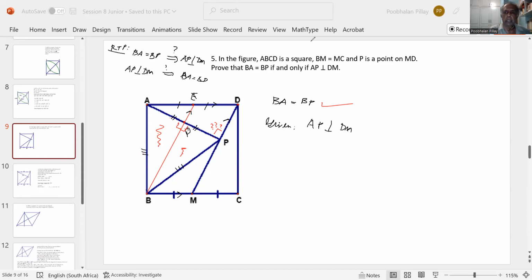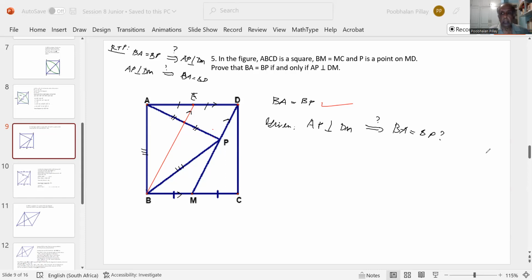So now we are given a different thing altogether. Right. So what are we given, and what are we required to prove? We are given that AP is perpendicular to DM, and we are asked to prove, does this allow you to conclude that BA equals BP? We don't know this.